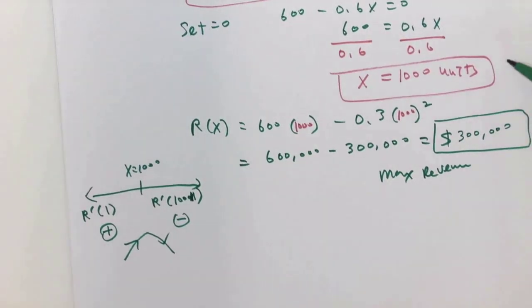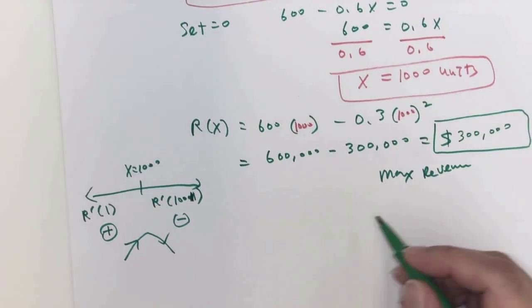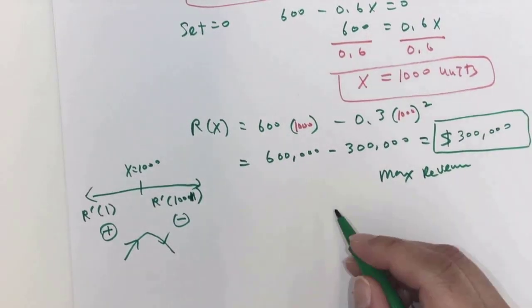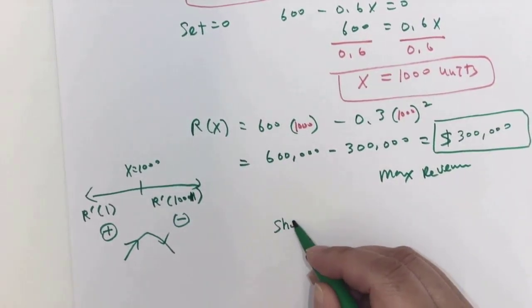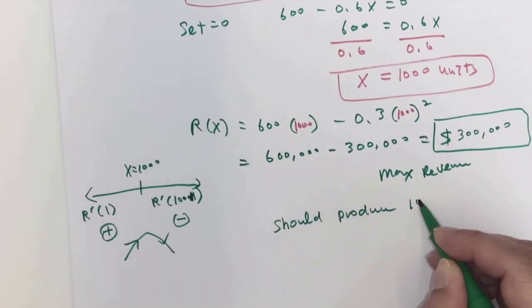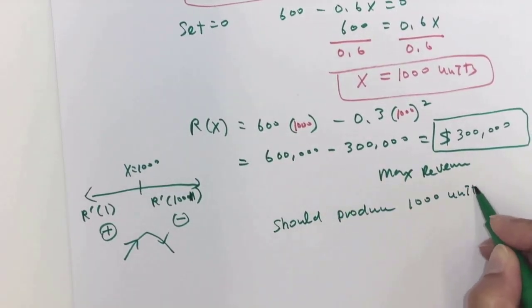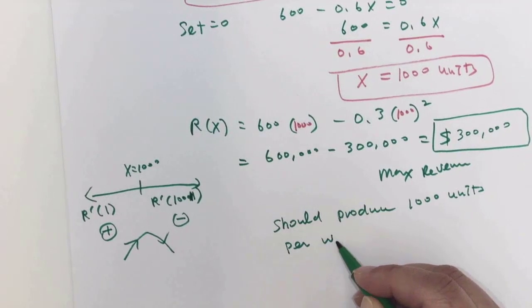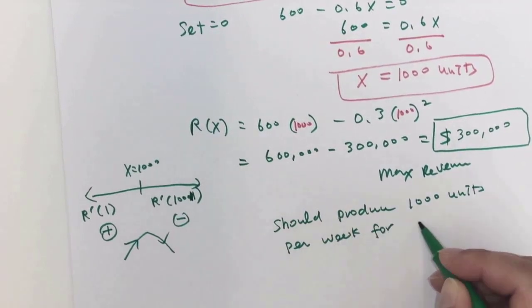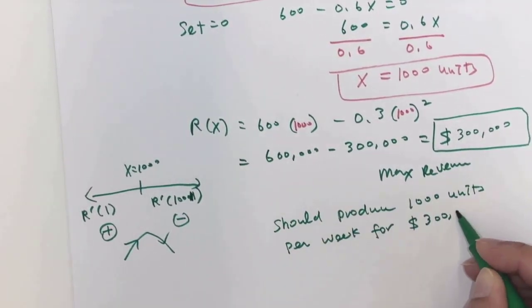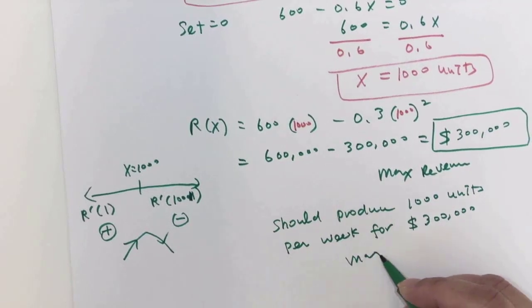This would be how many units you should produce, and that would be your maximum revenue. Should produce 1,000 units per week for 300,000 maximum revenue.